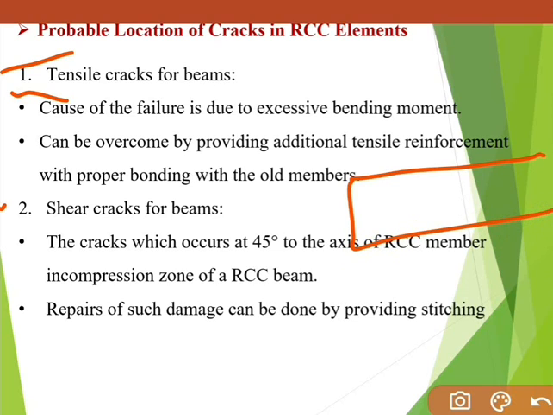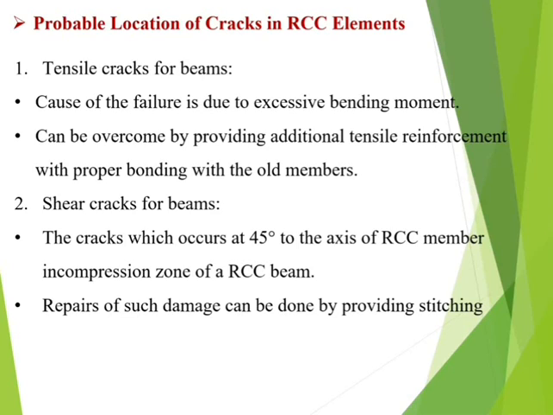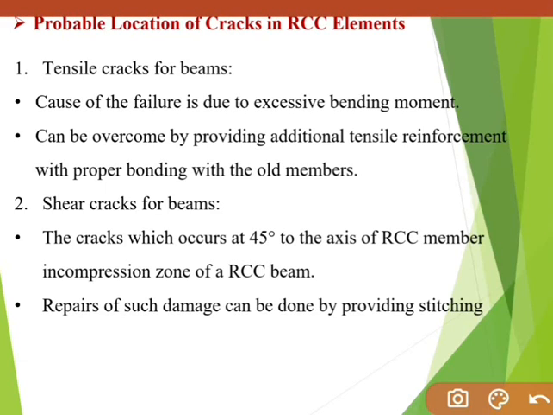Suppose this is your beam and this is the axis of the beam. If there is any crack at 45 degrees to this axis like this, this is the shear crack. These shear cracks we can repair with the help of stitching. Repair of such damage can be done by providing stitching.